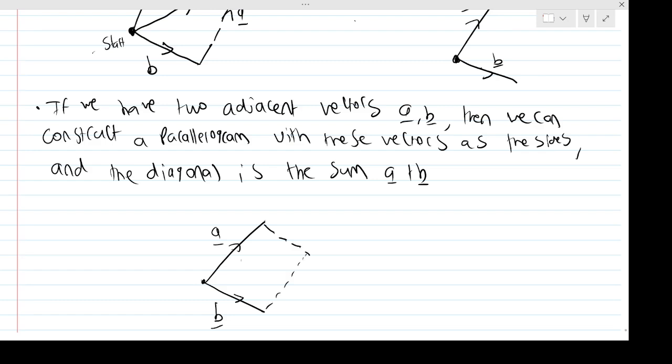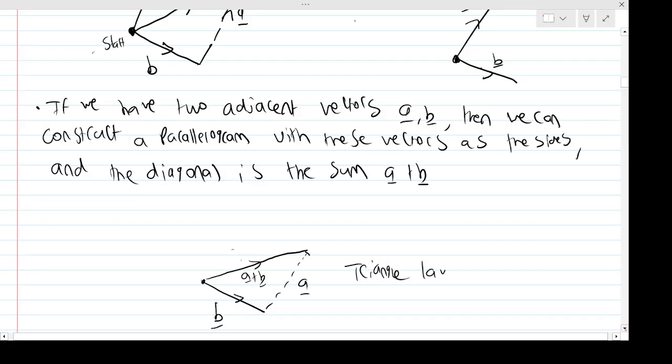We can construct the parallel vectors this way, and then the diagonal there, as we've seen, is A and B. But if we just take away that side A and then this top side B, then we've got the triangle law, haven't we? This is now the triangle law of addition.